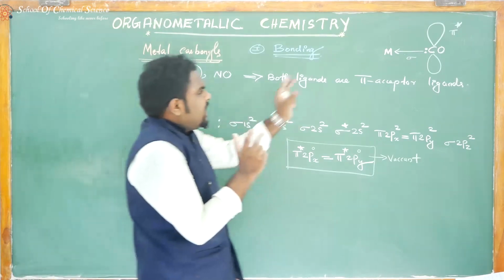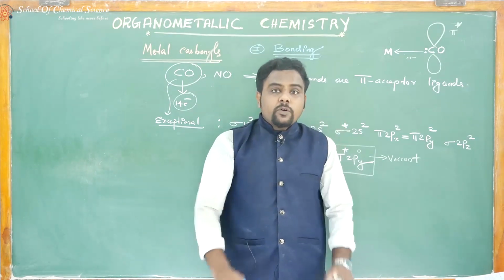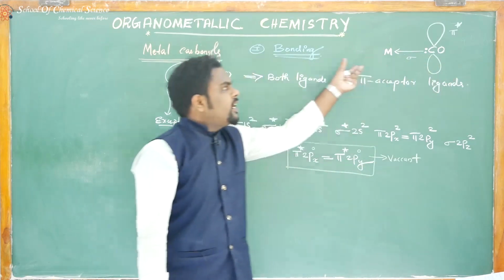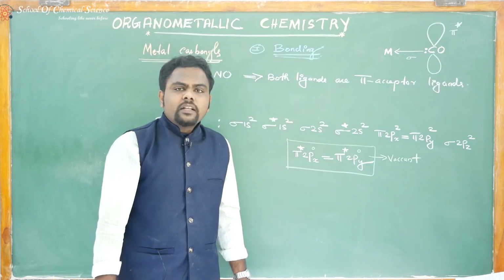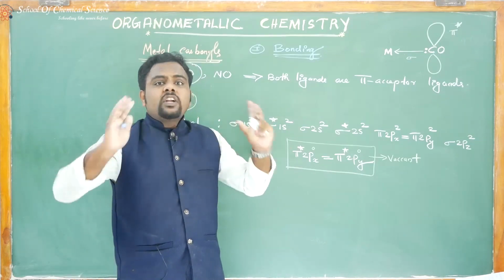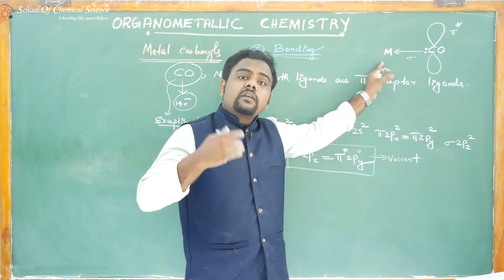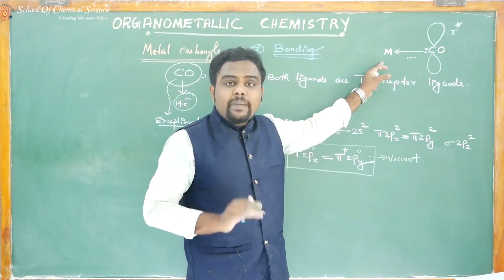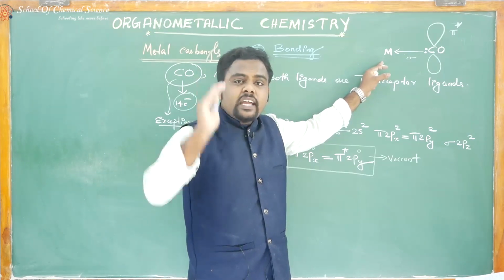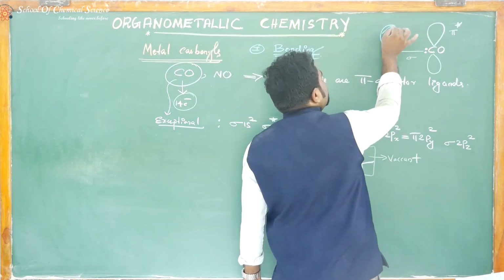Suppose the metal has high electron density. The first thing is carbon monoxide will donate electrons to the metal to form a metal-carbon sigma bond. Then if your metal is electron rich, having surplus electron density, or highly electron rich, then another interesting phenomenon takes place.